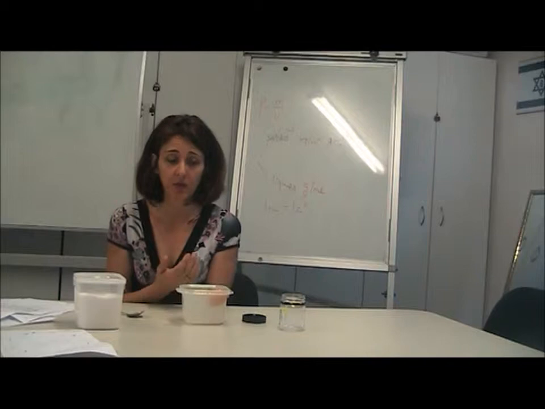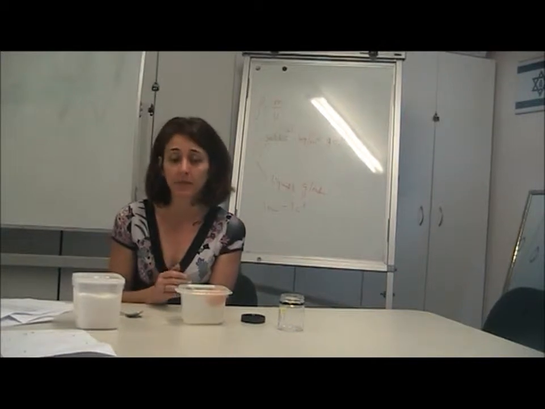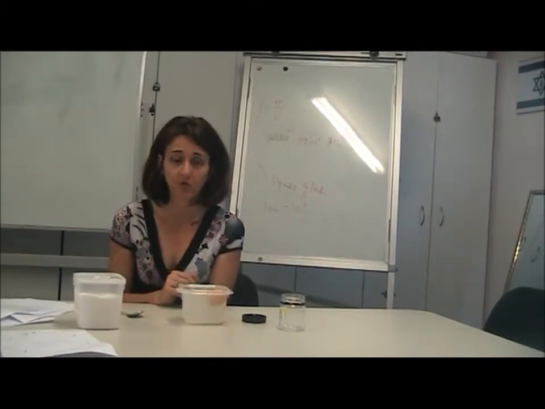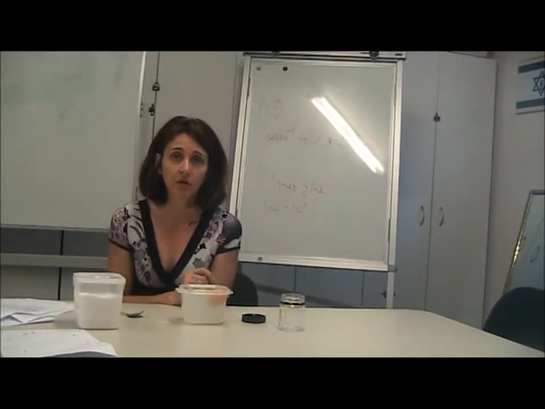How can density be changed? Density can be changed by changing the temperature or changing the pressure. That usually works well with gases. It can be changed by compressing or by adding a substance to the liquid, like we did with the salt water. As for compressing, a very good example is taking sand, pouring it very carefully into a container.